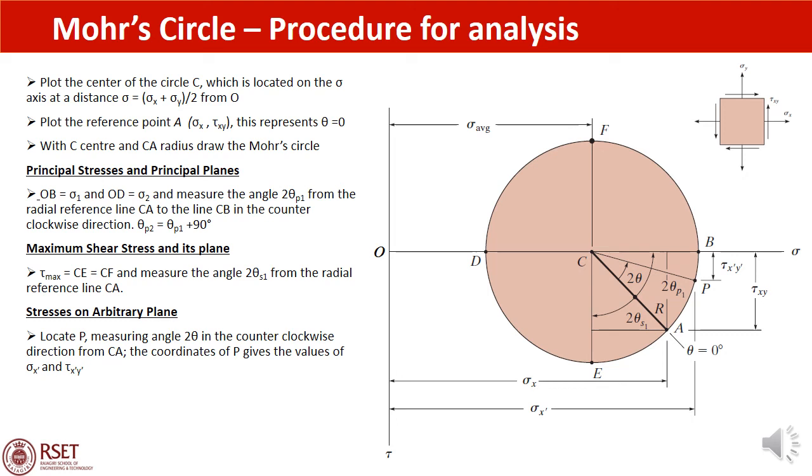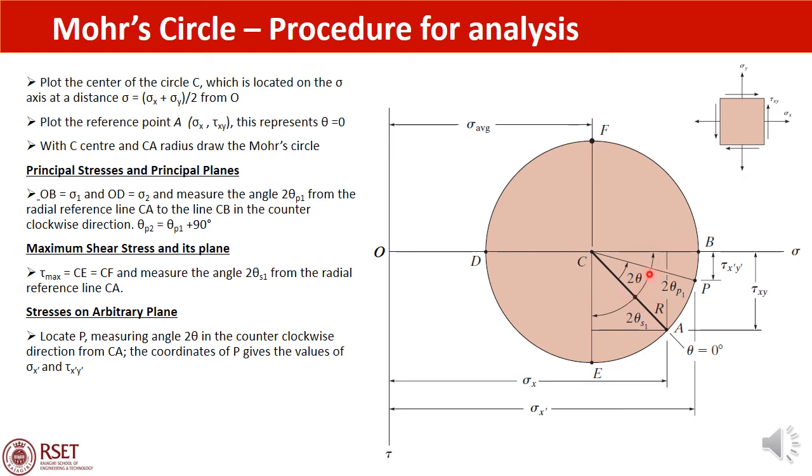Now to locate the principal planes, you simply measure the angle between the reference line CA and the principal planes. So here CB is the major principal plane carrying the major principal stress sigma 1. Hence the major principal plane at an orientation theta P1 can be obtained by measuring the angle between the reference line CA and CB.